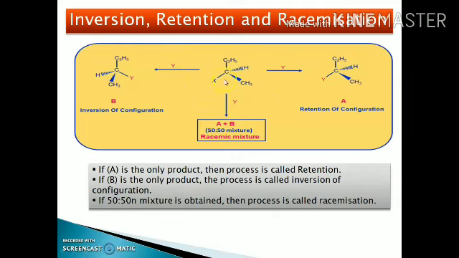But if after the attack the configuration differs, with X on the left hand side and Y on the right hand side, that is known as the inversion of the configuration. If in any solution A and B are obtained in a 50:50 ratio, meaning equal amounts of A and B are formed, that solution is known as a racemic solution and the process is called racemization.